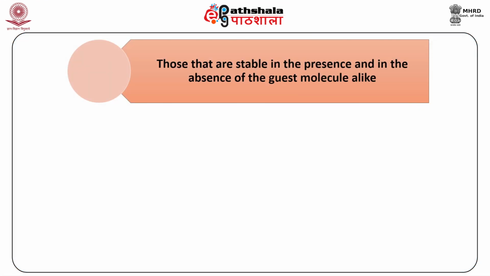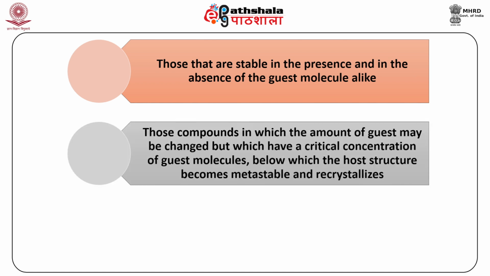For example, the scientist named Barrer divided the inclusion compounds into three categories based on the varying concept of the host crystal. These categories are those that are stable in the presence as well as the absence of guest molecules alike. Then there are those compounds in which the amount of guest may be changed, but which have a critical concentration of guest molecules, below which the host structure becomes metastable and recrystallizes.